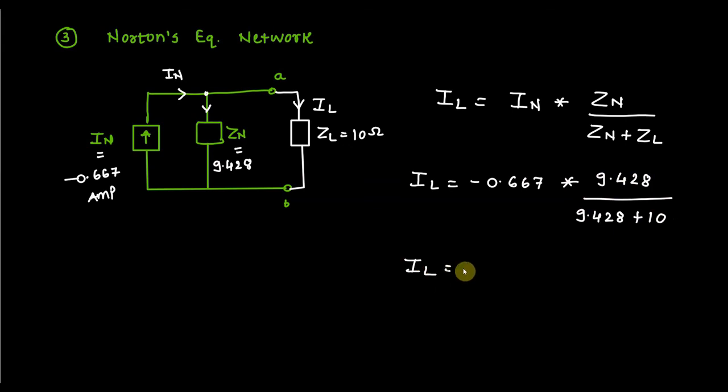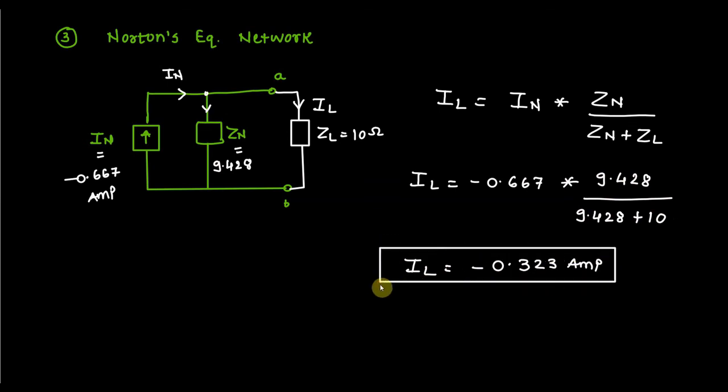I have solved this and the answer comes out to be minus 0.323 ampere. So by using this simple formula, the current division rule, I have found the current flowing through the load terminal. This is my final answer, and here I have finished with this question.